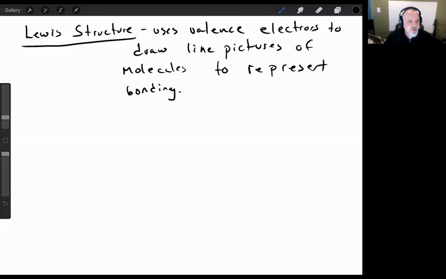So what I'm going to do right now is draw a few pictures. I'm not going to show you the rules yet. I'm going to give you an idea of what they look like. So instead of having the dots for CH4, we'll use lines.